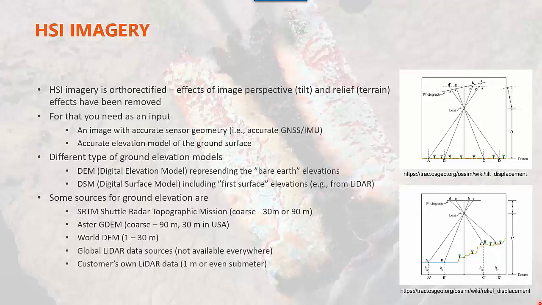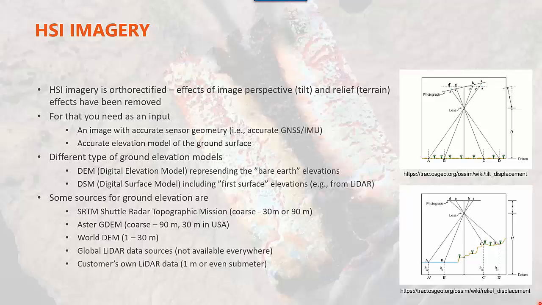There are some public sources for ground elevation, such as SRTM, the so-called Shuttle Radar Topographic Mission, which is rather coarse, typically 30 meters or 90 meters. Then there's ASTER Global DEM. It's also coarse, 90 meters in most of the locations, 30 meters in USA. There's World DEM, which will give you a bit more accurate DEM from 1 to 30 meters, depending on the area.